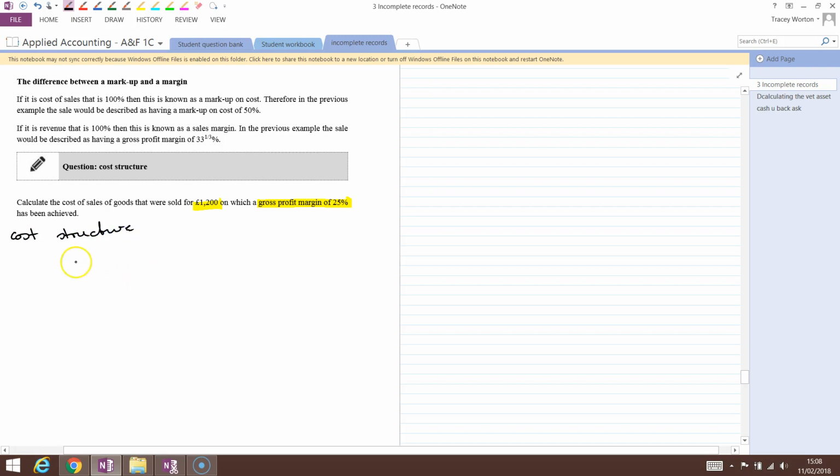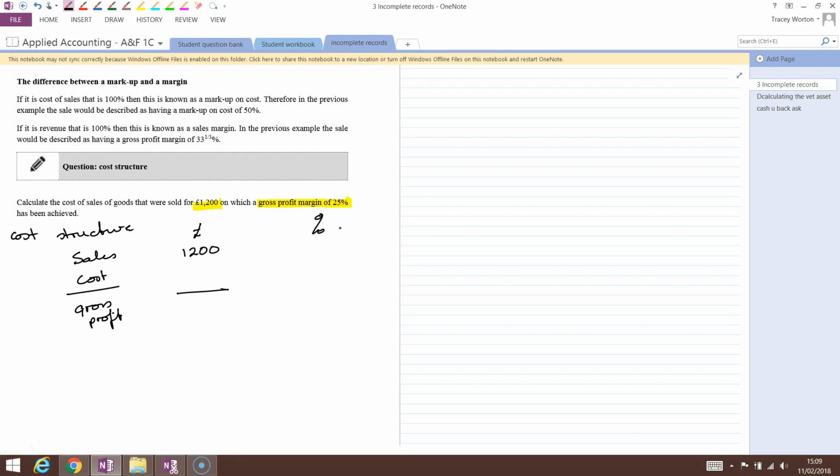So in terms of pounds, so we've got sales, costs, to give us a gross profit. And in pounds term, we know that they were sold for £1,200. And in terms of percentages, we know that we have a gross profit margin.